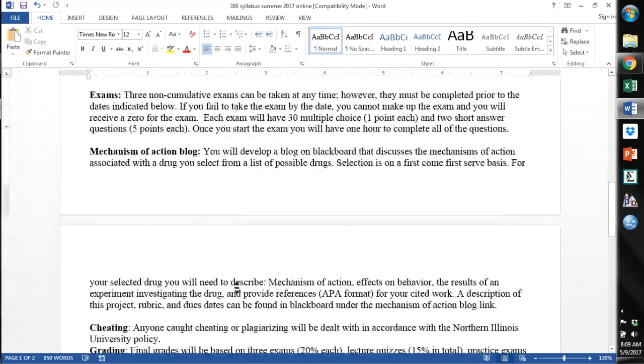So the last assignment or component of the class will be what we refer to as the Mechanism of Action blog. In the blog, you will develop on Blackboard, and that will be kind of like an online Word file that you can type in, put links in to videos, or put pictures in, that will discuss the mechanism of action associated with a drug that you'll select from a list of possible drugs.